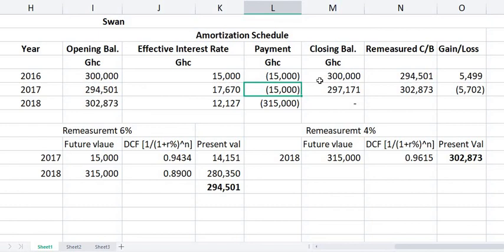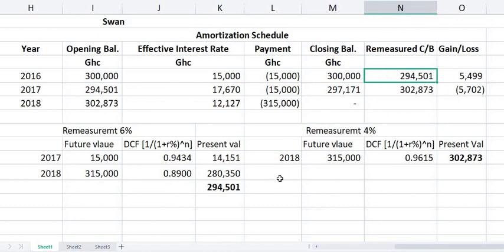Since the future unpaid amount would have a new effective rate, the present value should be calculated using the new effective interest rate. Then we check whether there is an increase or decrease in the closing balance, and that will be a gain or loss.